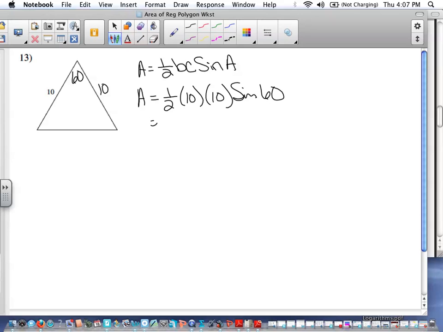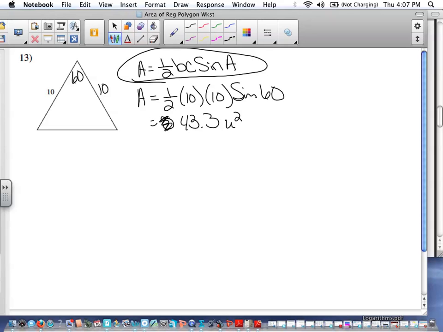And you can just multiply all of that together. And times 10 times sine of 60 should be, it's about 43.3 units squared.